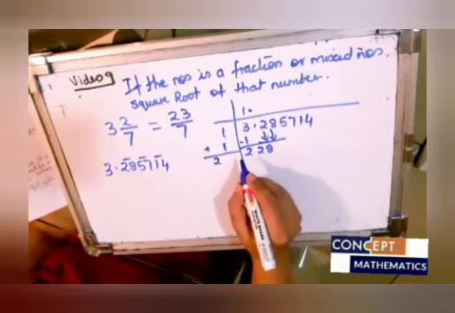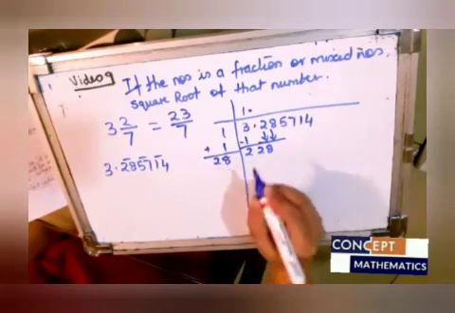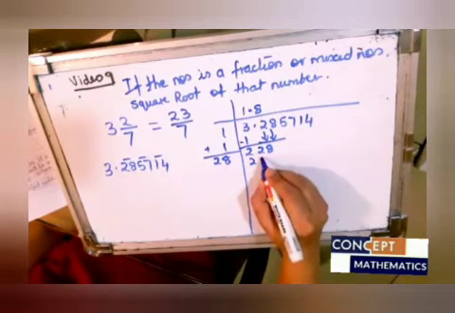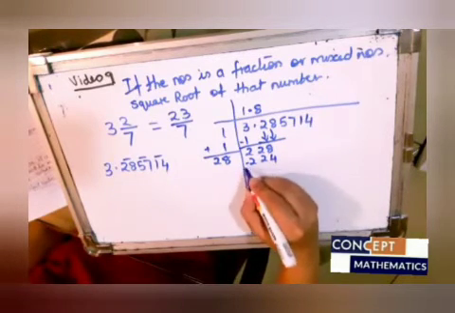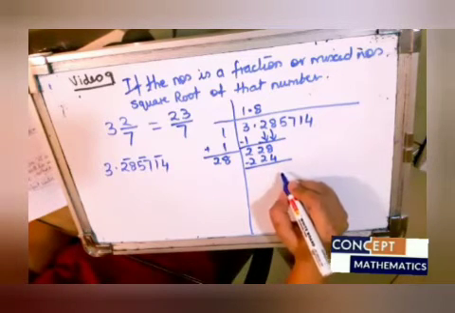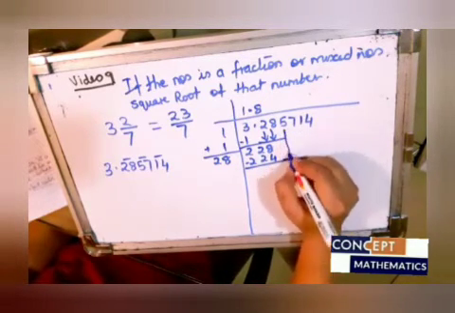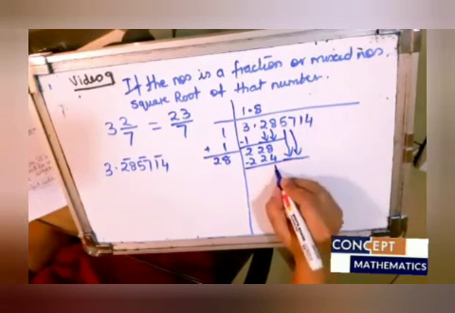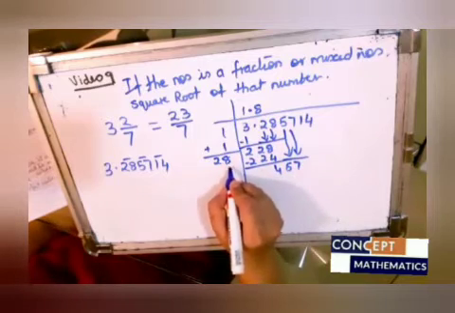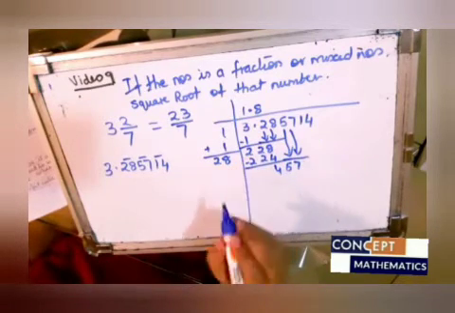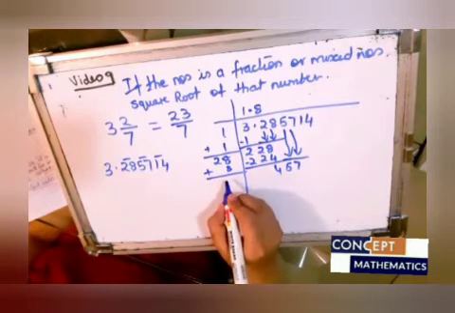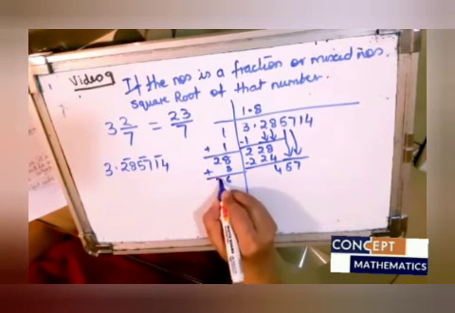So that would be 28 into 8. So 28 into 8 will give you 224. You will subtract that number and you will get 457. So here in the quotient you have written 8, so here also you will add 8. So 28 plus 8 will give you 36.